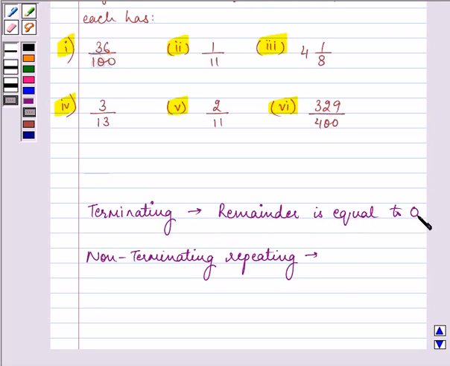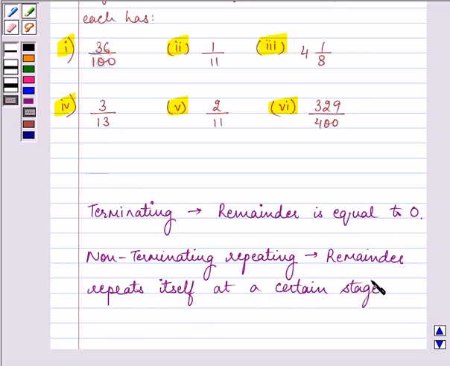Whereas in this case, the remainder repeats itself after a certain stage. Right, so the knowledge of the kinds of decimals is the key idea we are going to use in order to proceed with our solution.